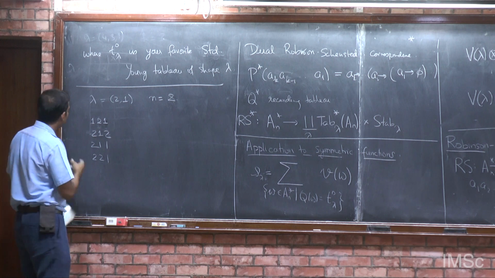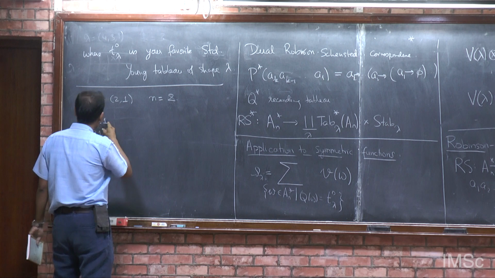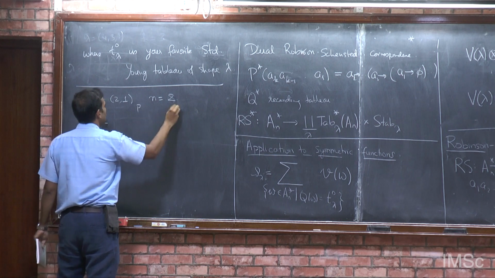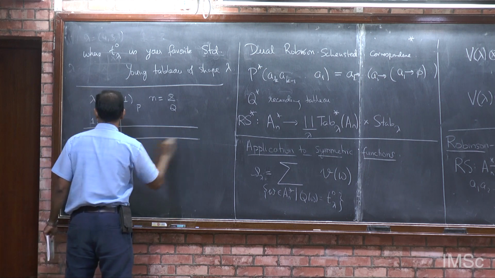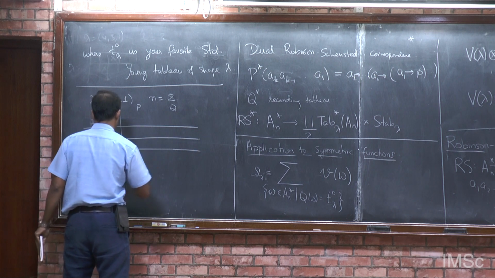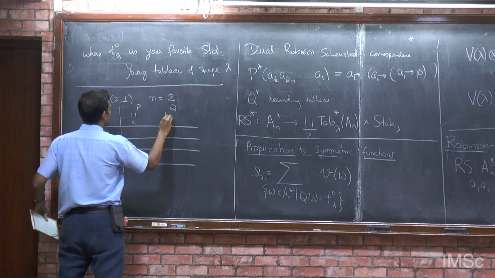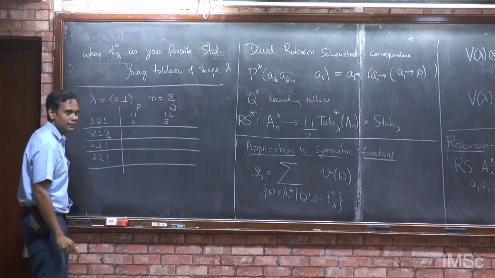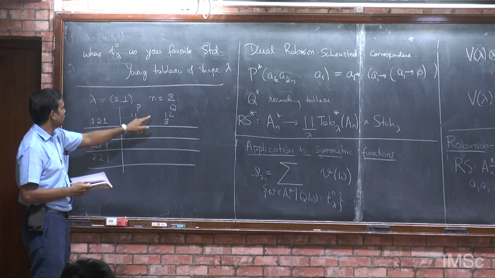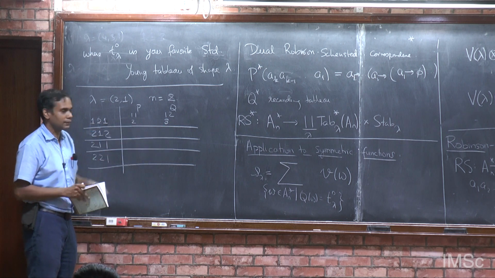So let's compute the Robinson-Schensted on these. So maybe you can tell me what is P and what is Q. So here it is 1, 1, 2, and in what order did they appear? It is 1, 2, 3. Is that right? First 1, then this 2 goes here, and then the 3 bumps. So this appeared last.